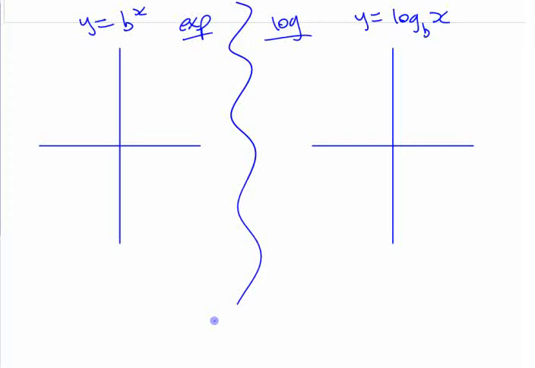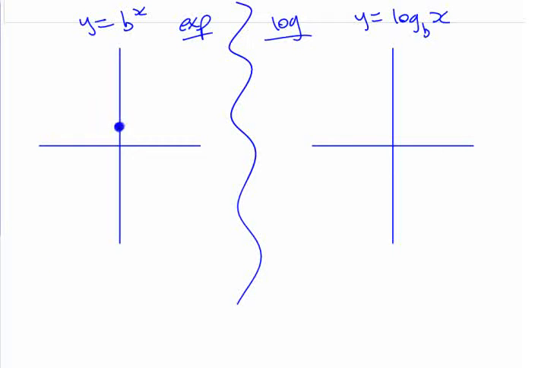Just a sort of summary for yourself for exponential and logarithm graphs. Okay, this is going to be the graph of y equals b to the power of x. This is the graph of y equals log base b of x. Split it apart there. I don't know, just find some blank space somewhere, I guess.